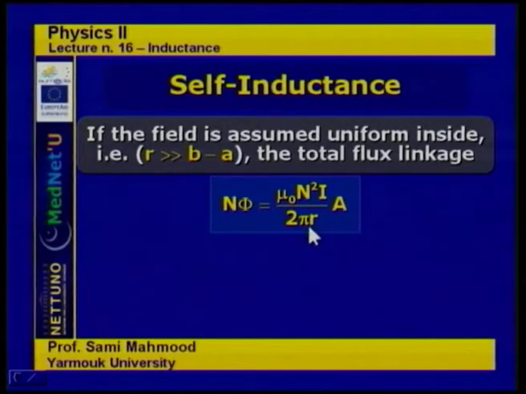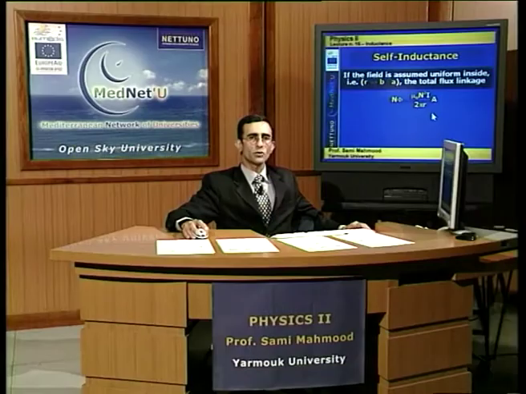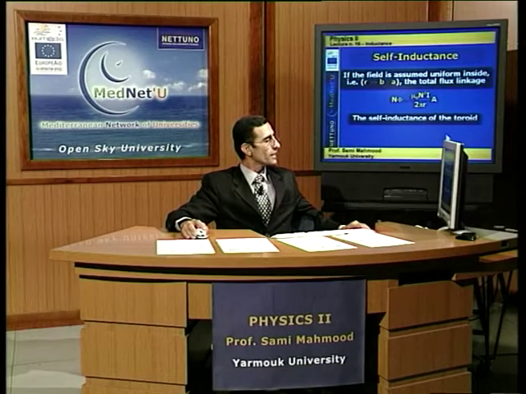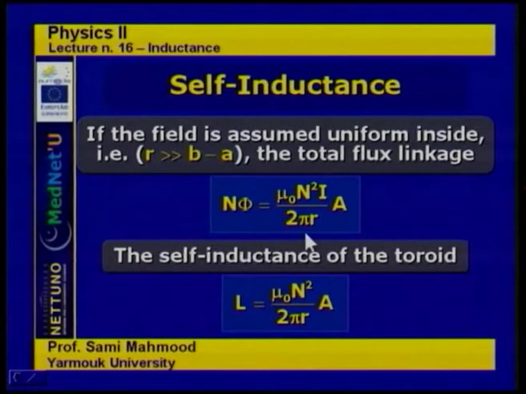So these are two different parameters that we should keep in mind. And the self-inductance of the toroid is thus L equal to this quantity divided by I. So it is mu naught N square over 2 pi r times the area of the winding of the toroid.